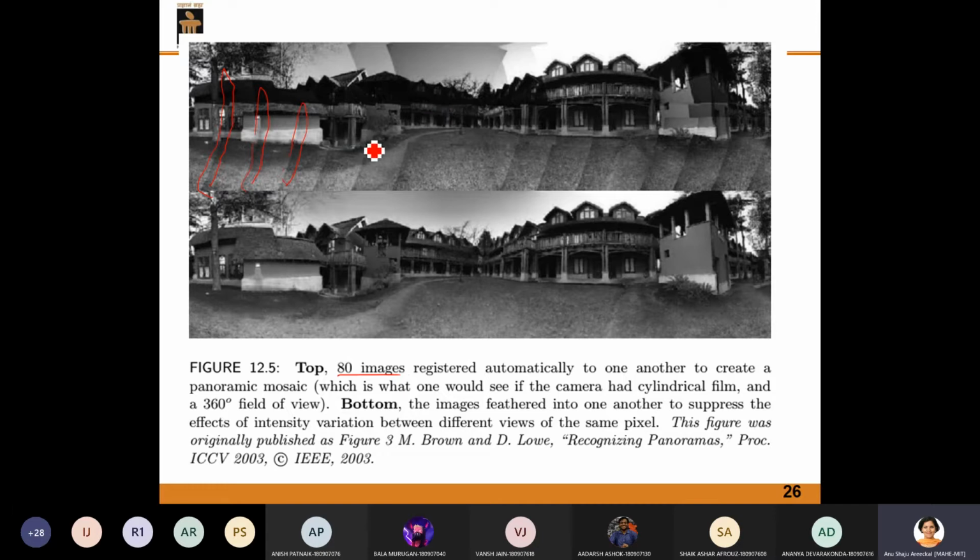So after this registering, we also go for some kind of a blending approach, that is a post-processing approach to make it look better. You can use various approaches for this. One very simple example is that at these boundary pixels or boundary neighborhoods, we can simply calculate the average.